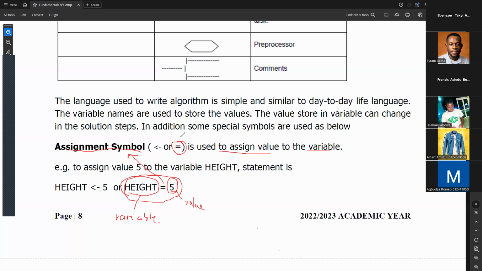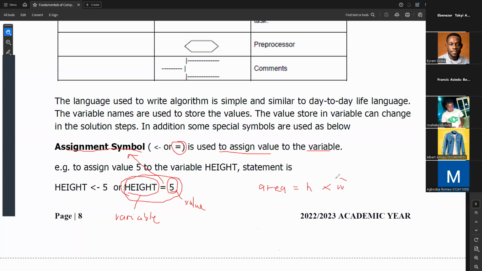When you get to the operation part of your algorithm where you want to write out your formula, you say that maybe area is equal to height times width.